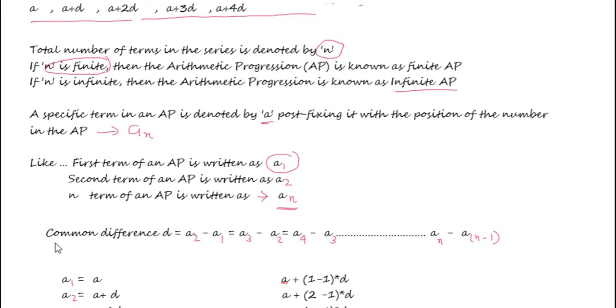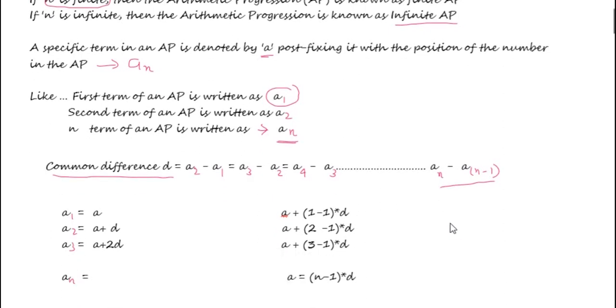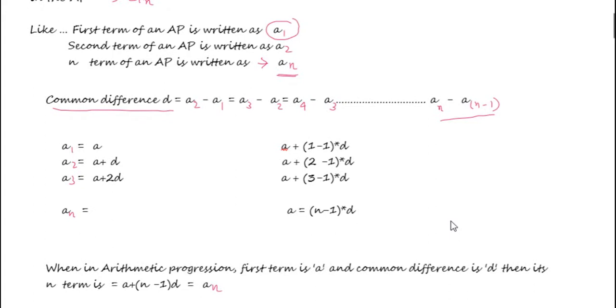Now the common difference d is equal to a2 minus a1, that is equal to a3 minus a2, that is equal to a4 minus a3. It continues like that, and it is also a_n minus a_(n minus 1). This difference can be positive or negative. It can be decimal, integer, fraction, can be anything.